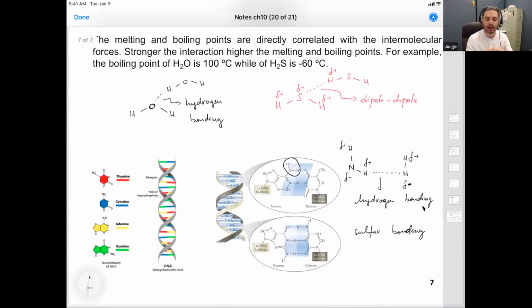Sulfur bonding happens in your hair. So your hair is coated with a protein that has a lot of sulfur atoms exposed, and the sulfur atoms will interact through sulfur bonding.